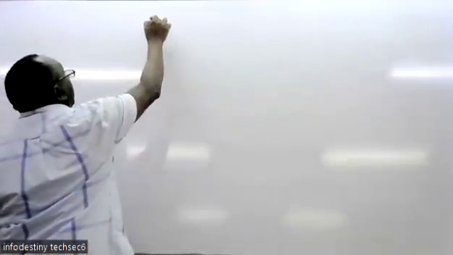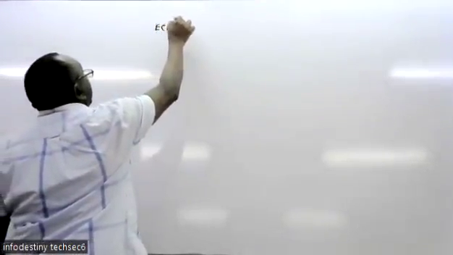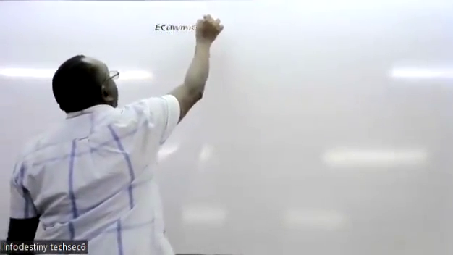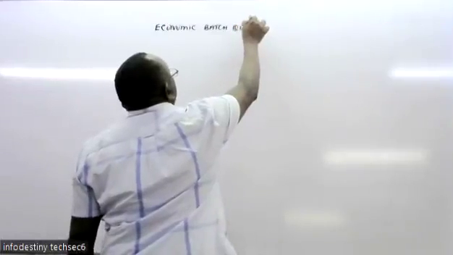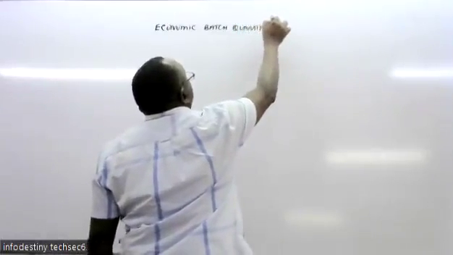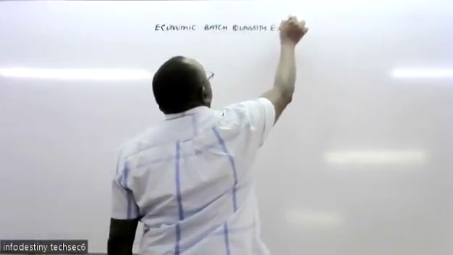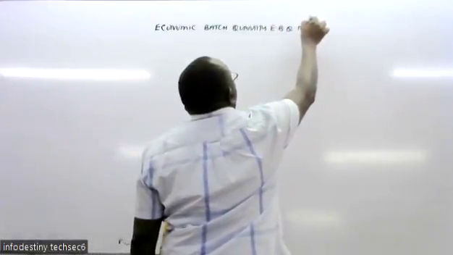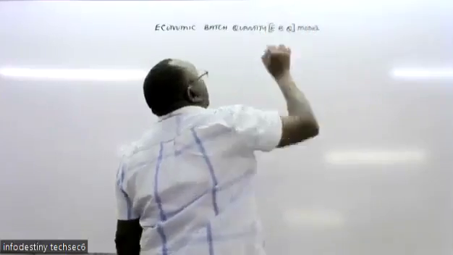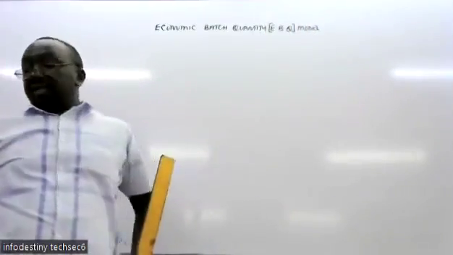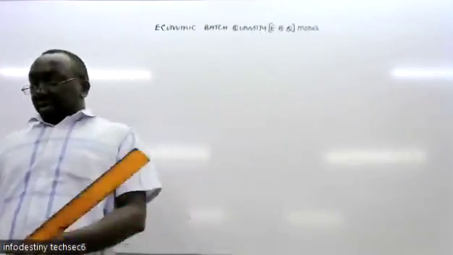The other one that we are supposed to cover is called economic batch quantity model. That's now the next one. Economic batch quantity, that is EBQ model.